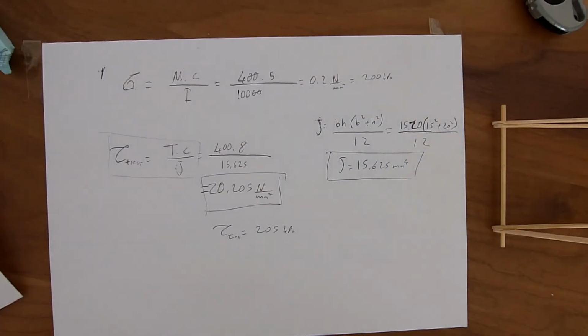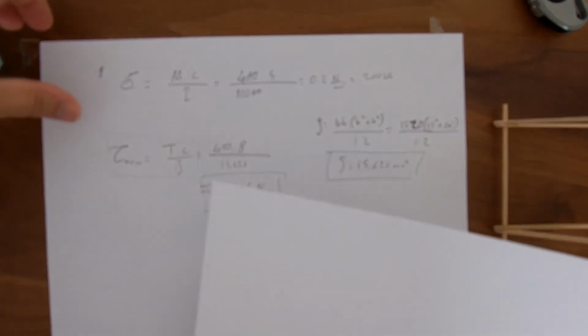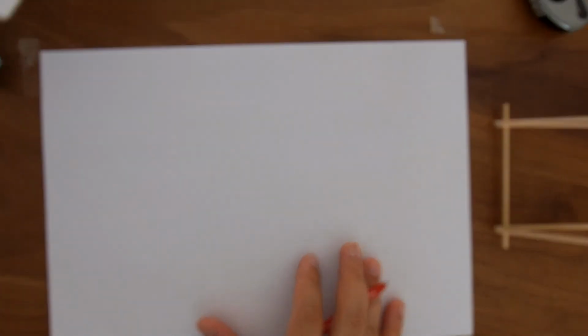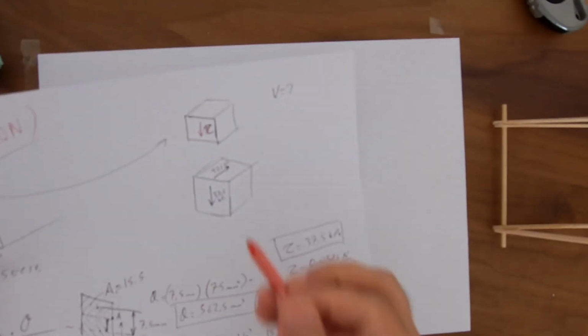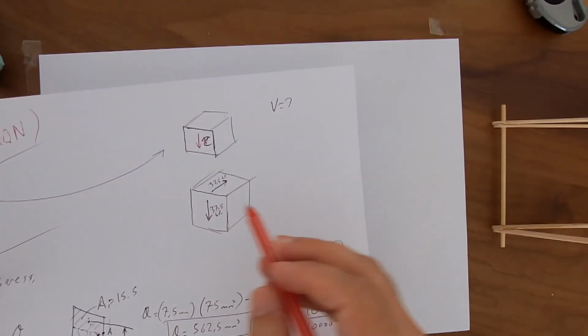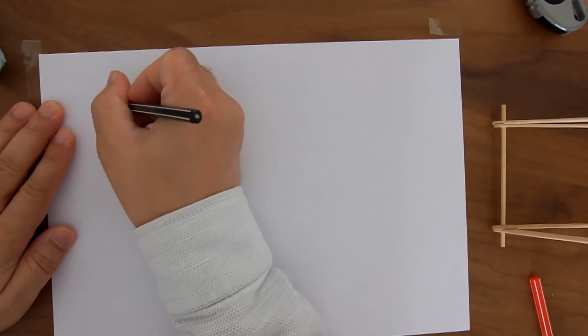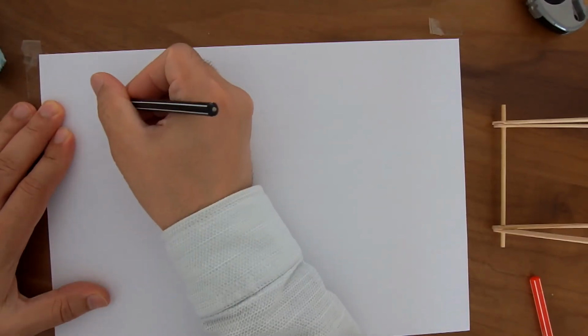Now we have determined all the stresses acting on the point A. Now it is time to plot them on a stress element. We have started here, but it will be small, so we cannot fit all the values on this cube. I plot another cube, a bit larger one.